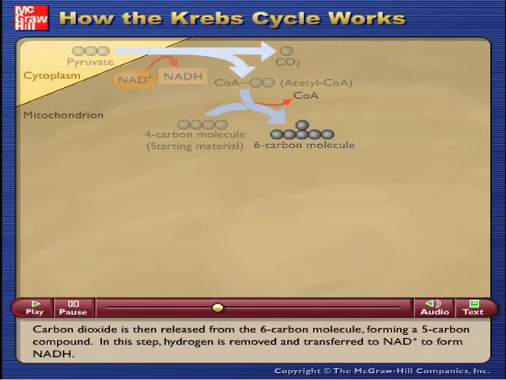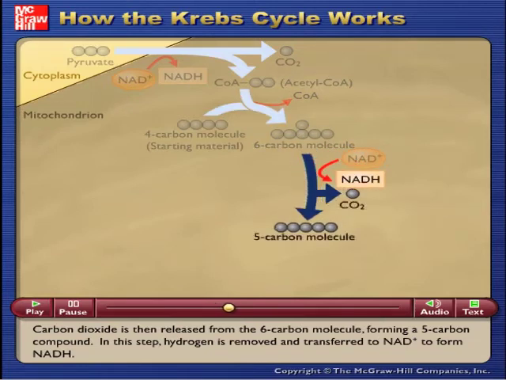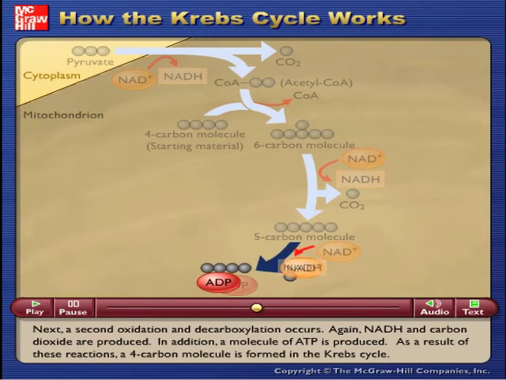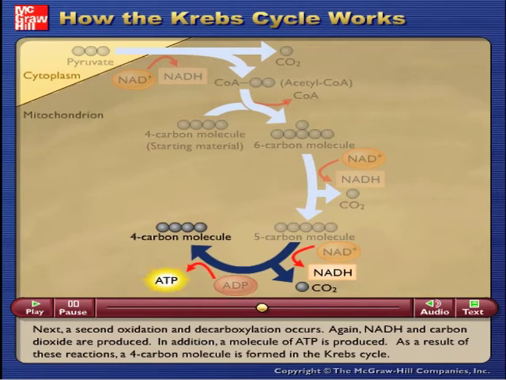Carbon dioxide is then released from the 6-carbon molecule, forming a 5-carbon compound. In this step, hydrogen is removed and transferred to NAD+ to form NADH. Next, a second oxidation and decarboxylation occurs. Again, NADH and carbon dioxide are produced.